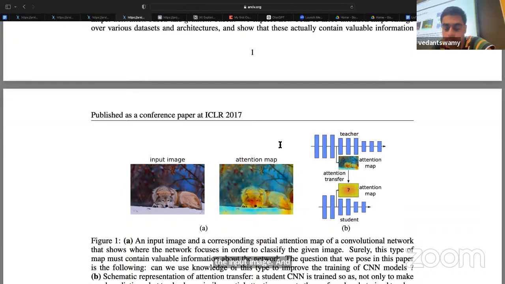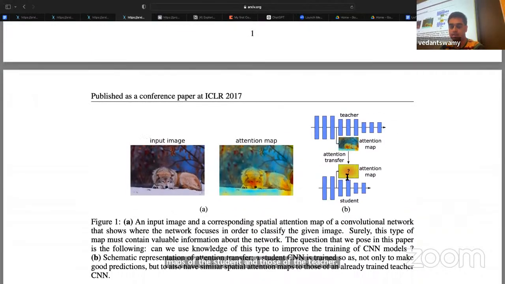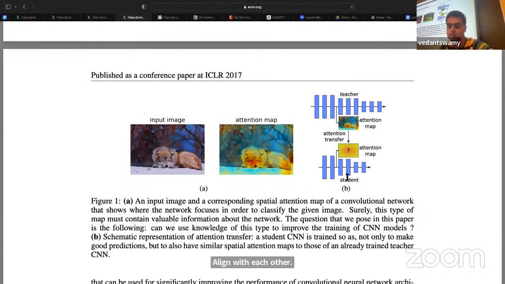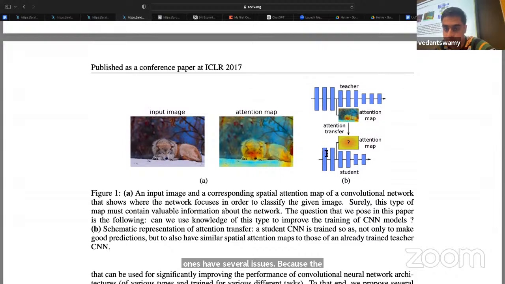The attention map is mainly used in order to focus on specific parts of the data. So we can train the student such that the attention maps of the student and those of the teacher align with each other. Again, this and the previous ones have several issues because the student might not understand which areas in the teacher are important.